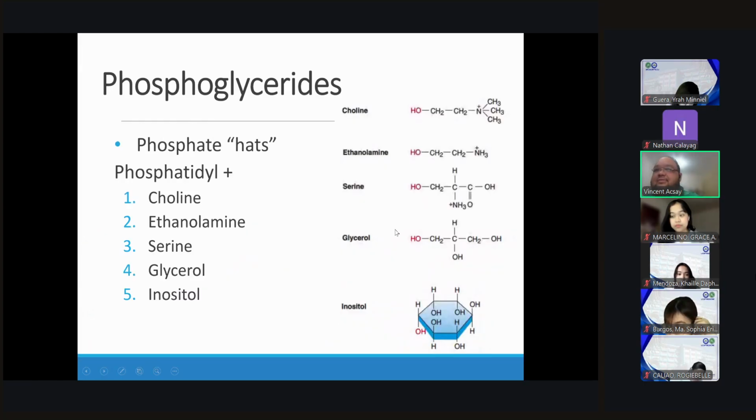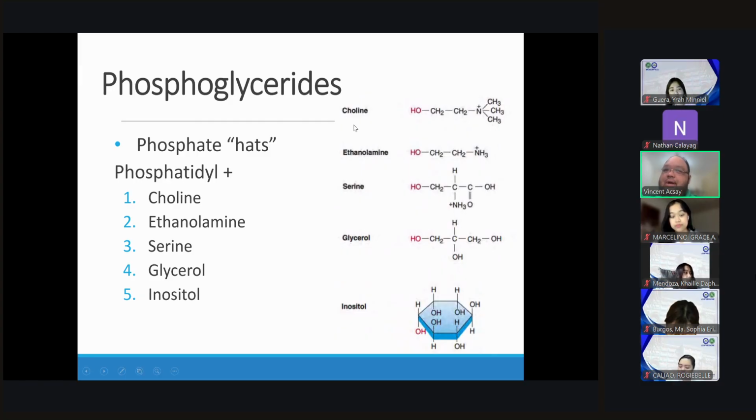Going back to the phosphate hats. Your phosphatidyl is your base molecule that can have hats such as choline, ethanolamine, serine, glycerol, and inositol. These will also form ester bonds with the phosphate head of your phosphoglycerides.